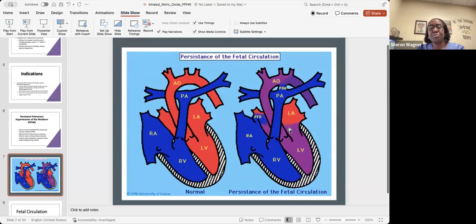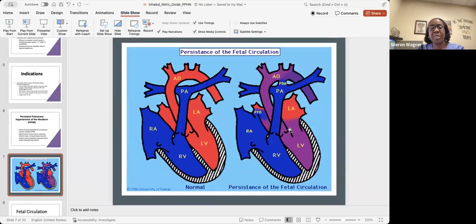So persistent pulmonary hypertension is also called fetal circulation. And you see the normal circulation that is supposed to occur after birth, where the PVR drops. And so you get a good mix of where the blood is diverted normally, and then goes into the ventricles and gets pushed out to the body.